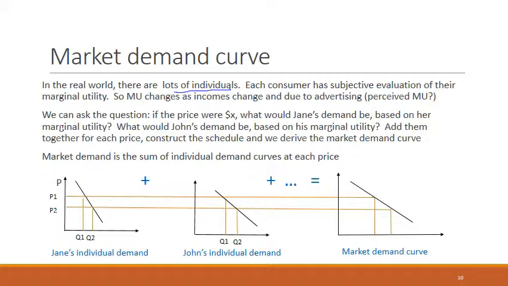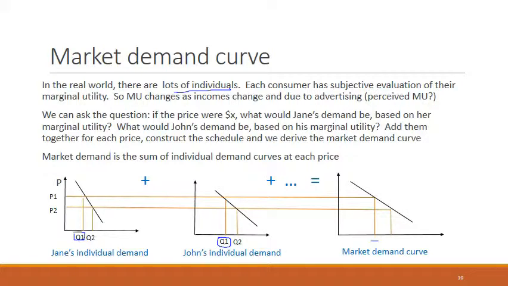If we now add together the Q1 for Jane with the Q1 for John, we're going to get a combined figure which will then go into the market demand curve. So at P1, the market demand here will equal the demand by Jane plus the demand by John, and that will give us a new figure down here, which is the aggregation of the individual demands by consumers at P1.